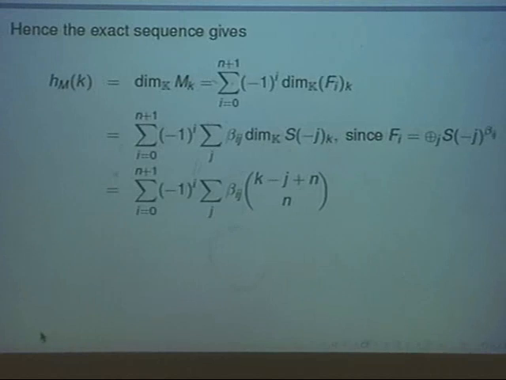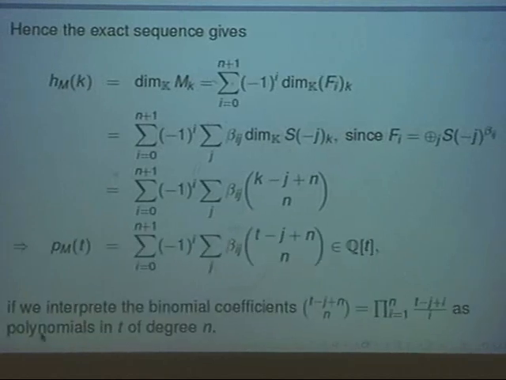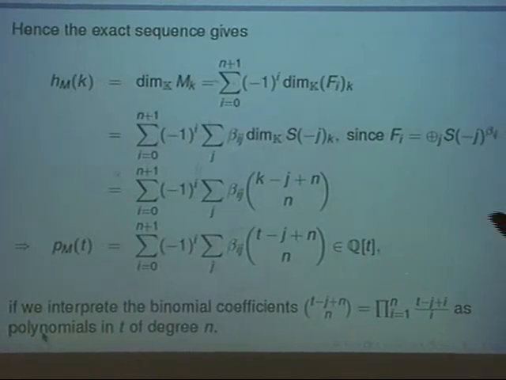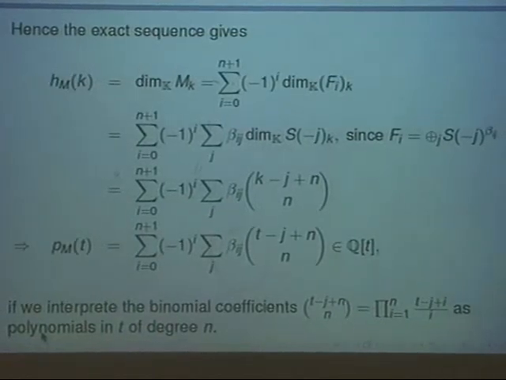And now, in this binomial coefficient, we can regard the k as a variable t. So instead of a binomial coefficient, we take this polynomial of degree t, and then we see that the Hilbert function h_M(k) is equal to the polynomial p_M(k) for large values of k.